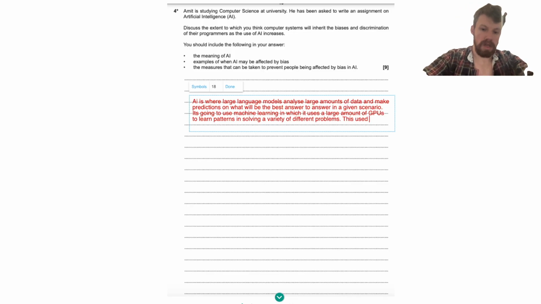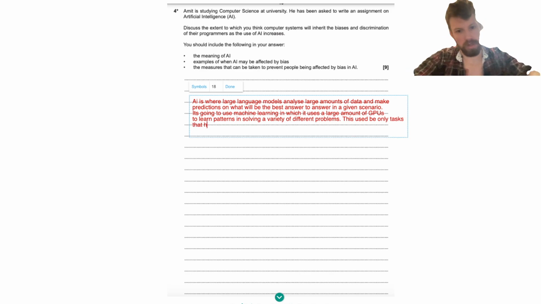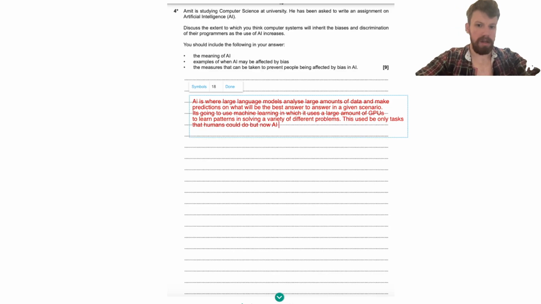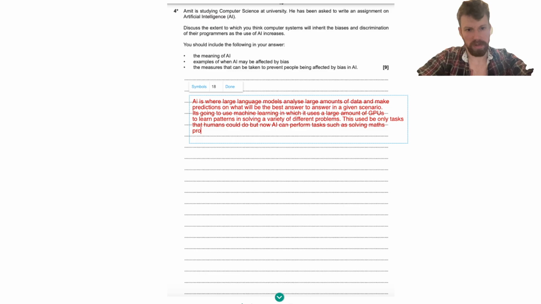This used to be only tasks that humans could do, but now AI can perform tasks such as solving maths problems, programming problems, and giving advice on a variety of different topics.